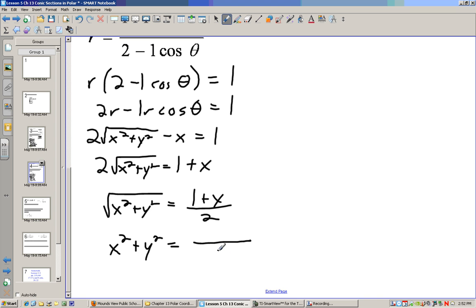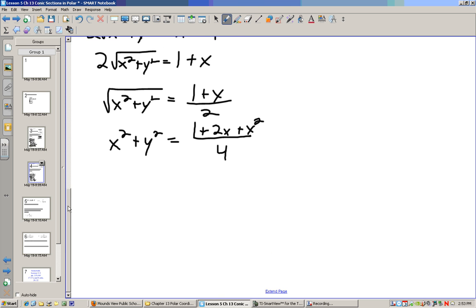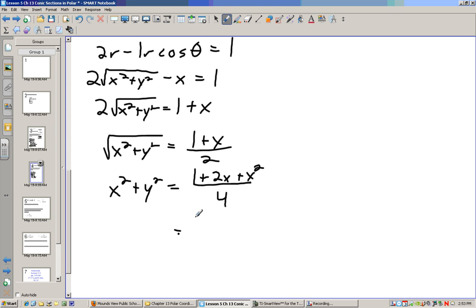So 2 squared is 4. This numerator squared would be 1 plus 2x plus x squared. So we could simplify this to being 1/4 plus 1/2 x plus 1/4 x squared.